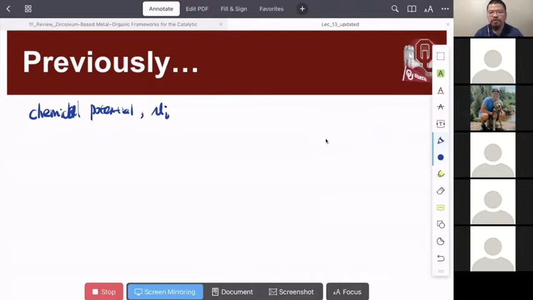So chemical potential is a property of the species at that specific phase. It's a little bit harder to express that, but when it comes to the equation, it will be a little bit more obvious. So now we are looking at the mixture.